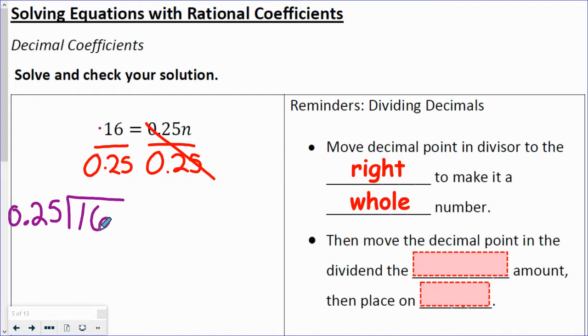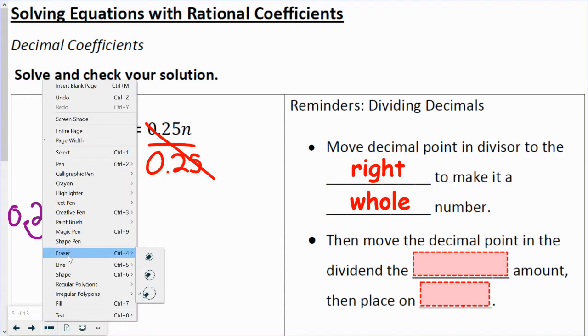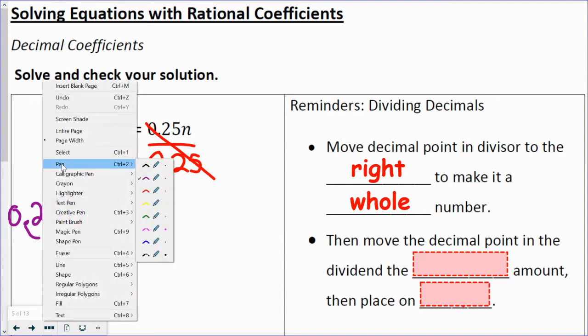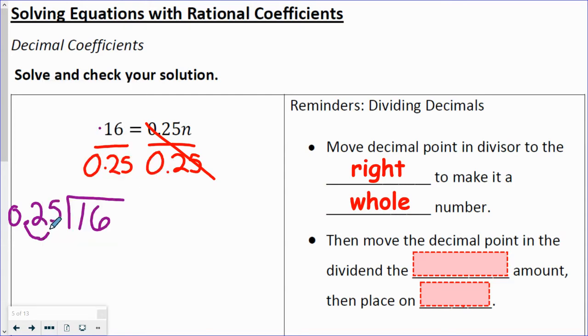Because remember, we need to take this decimal and move it over to the right. We are lagging behind on things here today. There we go.